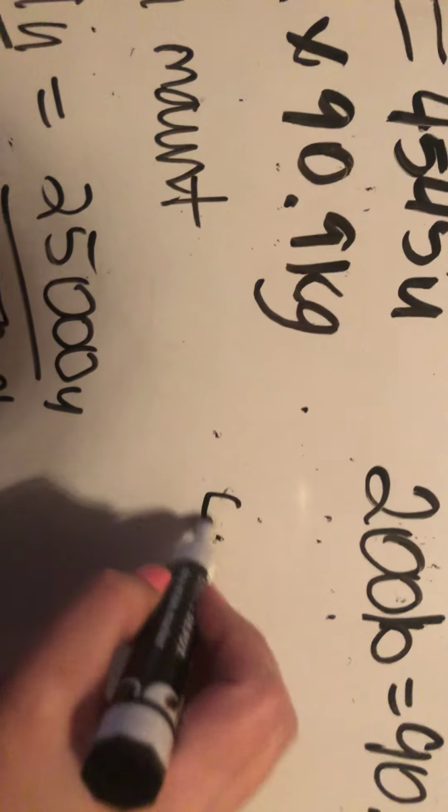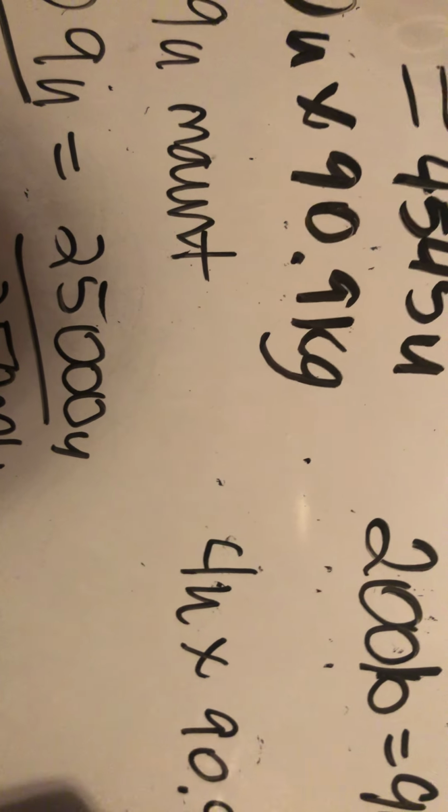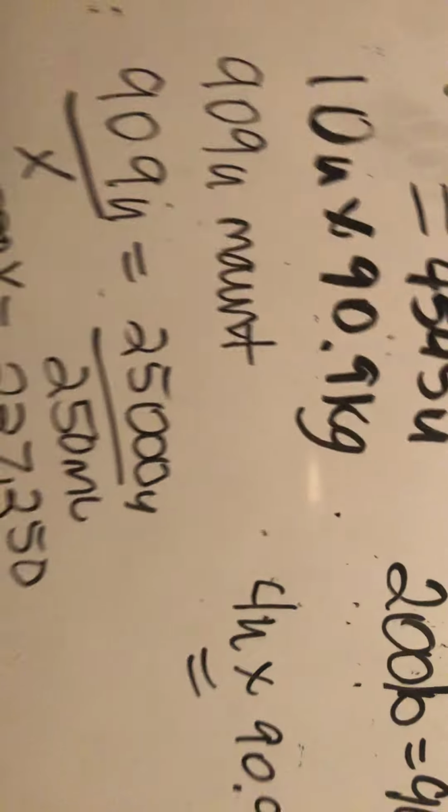And then we're going to increase our maintenance rate by 4 units per kg per hour. Okay, well, we know already we're infusing at 909 units. So we need to find out how much 4 units will be. So 4 units times 90.9, because that's our increase, is going to be equal to 36.36 units.